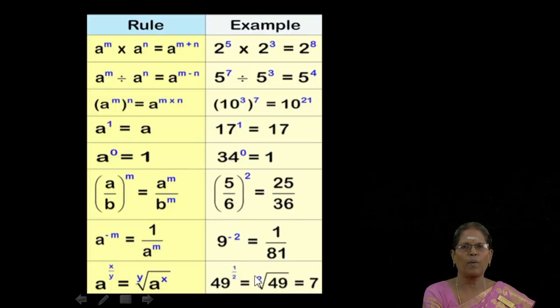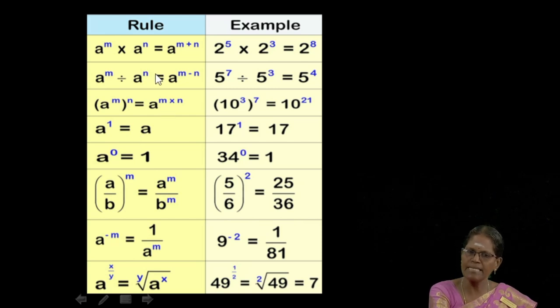To work out problems with indices, the rules to be kept in mind are: the first one, a to the power m into a to the power n is equal to a to the power m plus n. In the first 5 formulas, we should consider that the base is same.